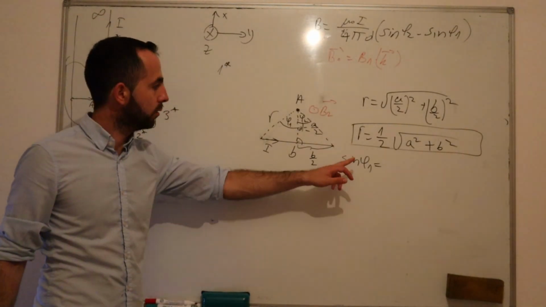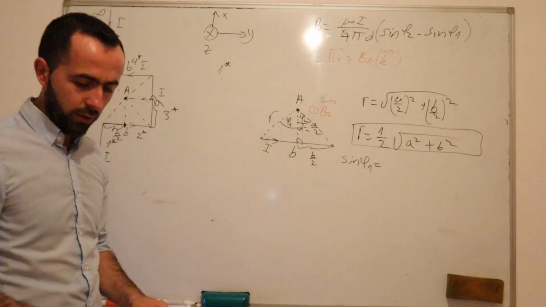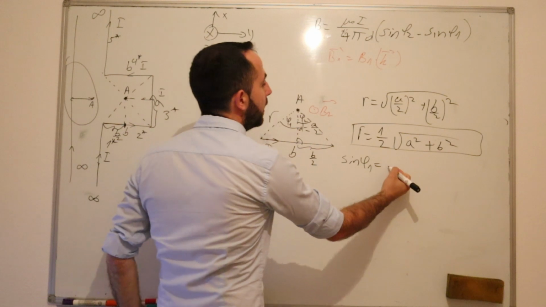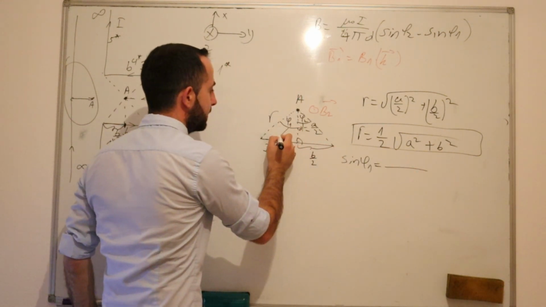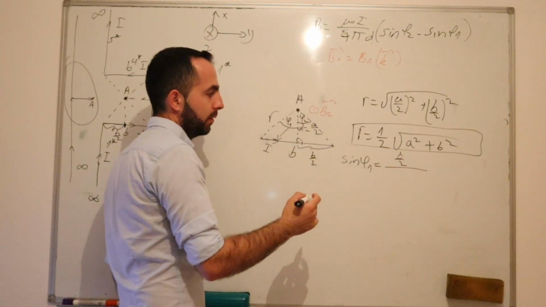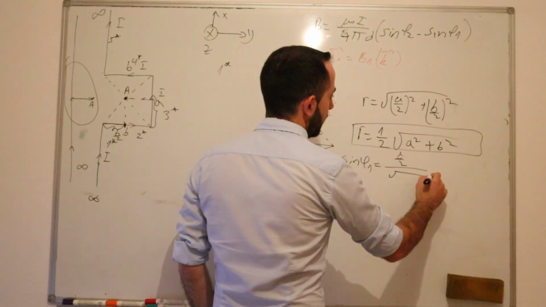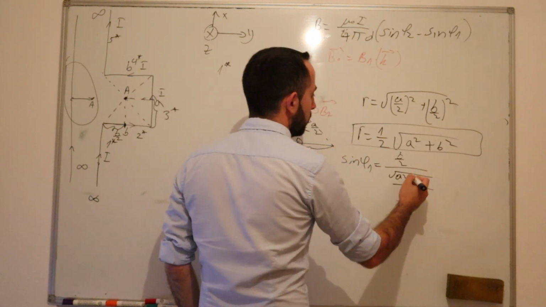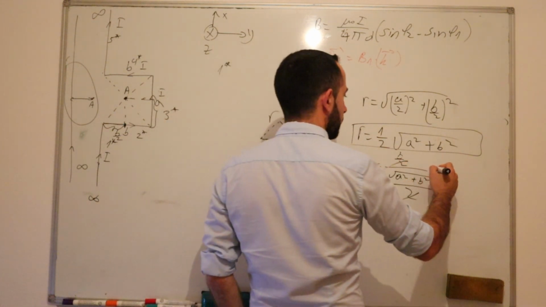So we need to find sin φ1. It is for a right triangle. This is sin φ1. It is equal to the opposite side, which is B/2, over the hypotenuse, which is square root of A squared plus B squared, over 2. We can cancel these two.